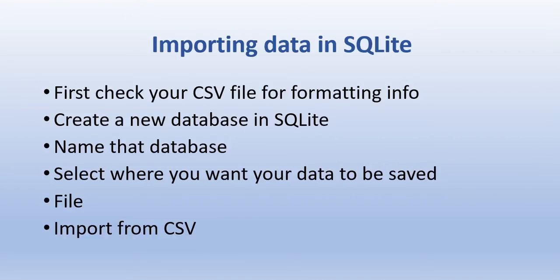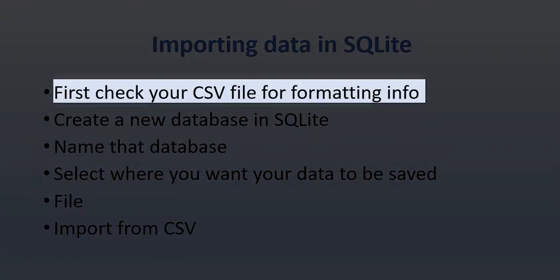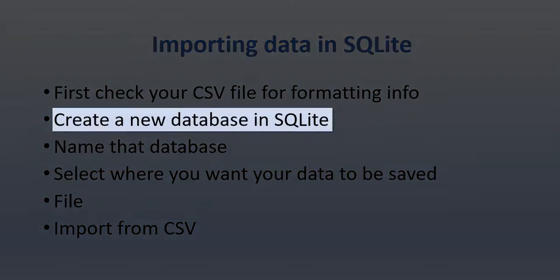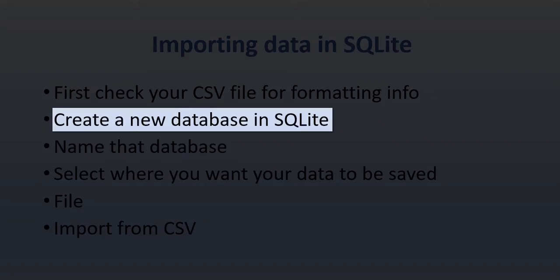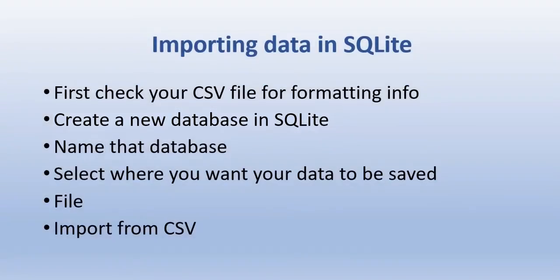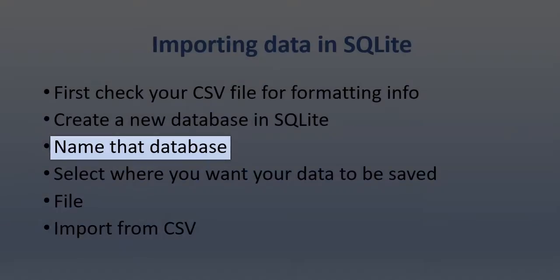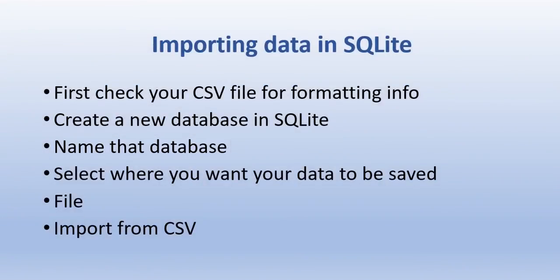So a few highlights from importing data. First, check your CSV file for formatting information. Does it have numbers? Does it have dates, etc.? And then in SQLite, create a new database. Name that database, and you usually want to name it after the file that you're going to import. We imported a text file called Charlotte Nonprofits. That's what I call the database.